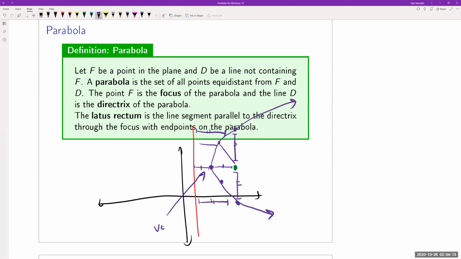We've got a vertex, a directrix, which is the name of the line, a focus, which is the name of the dot, and we've got ourselves what's called a latus rectum, which goes parallel to the directrix through the focus, and it stops at the 2 points where it hits the parabola.